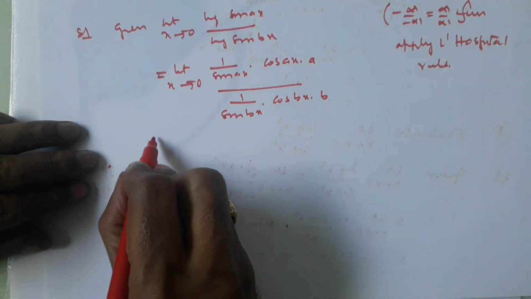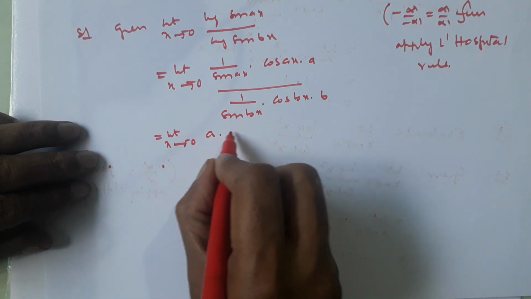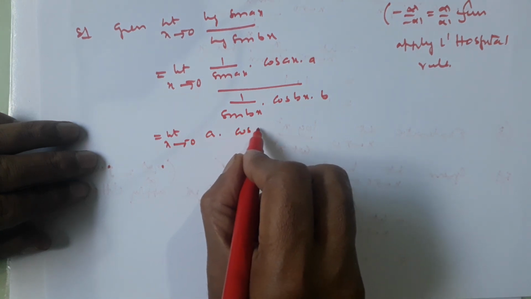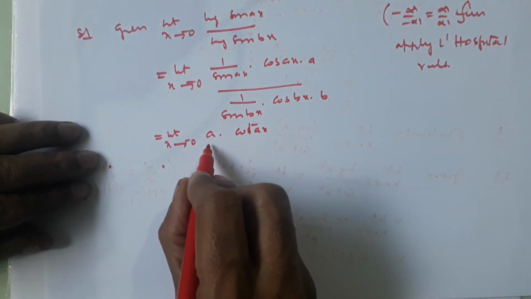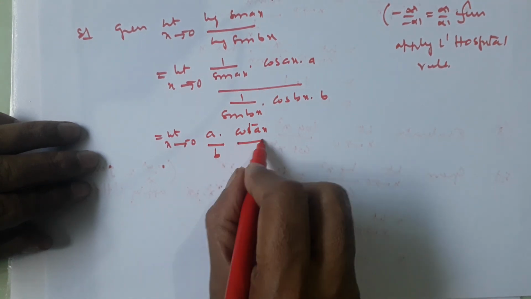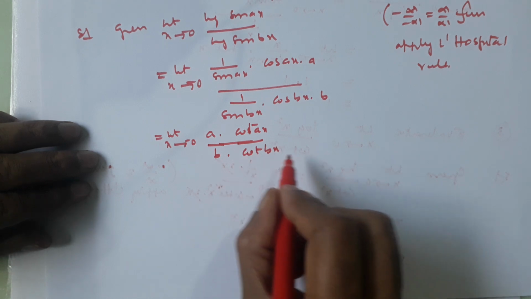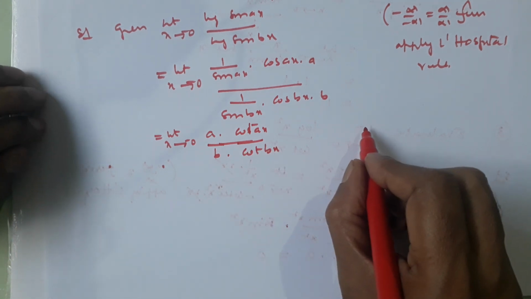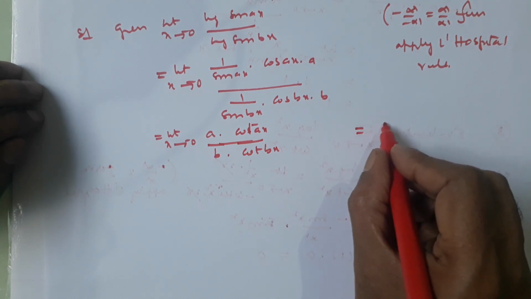This is equal to limit x tends to 0 a into cot ax by b into cot bx. Again cot 0 is infinity, so infinity by infinity form.